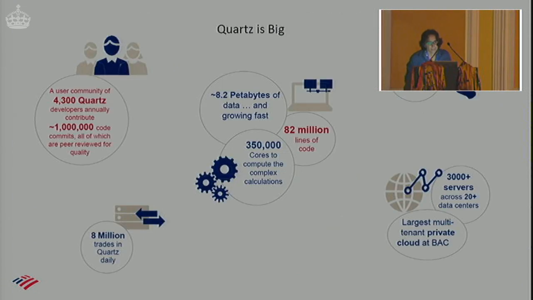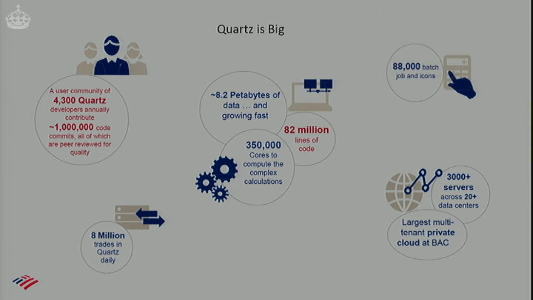So first, let's see how big Quartz really is. I have all kinds of numbers here. We have compute grids with hundreds of thousands of cores. We book 8 million trades a day. We have petabytes of data, tens of thousands of batch jobs in Icon. These are kind of individual applications.